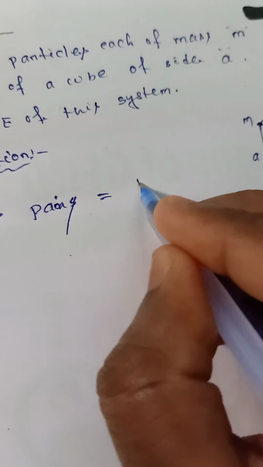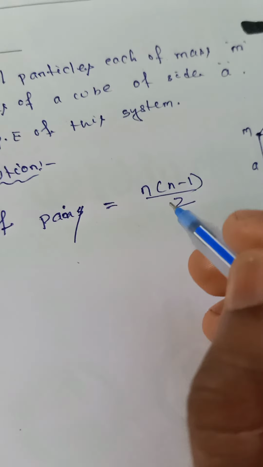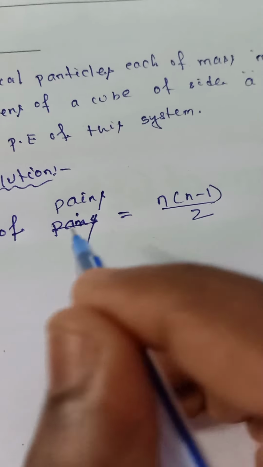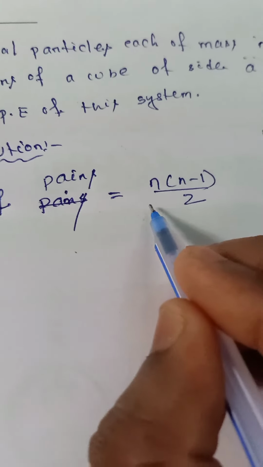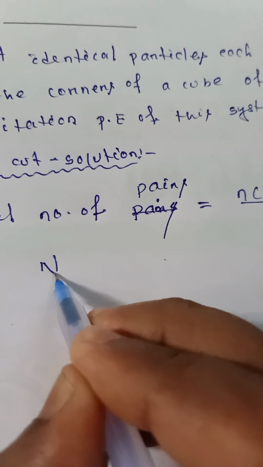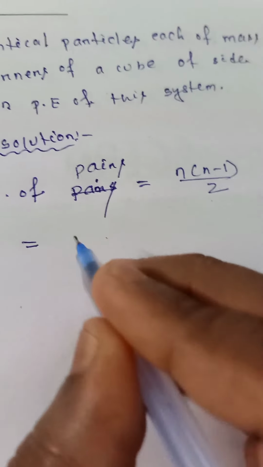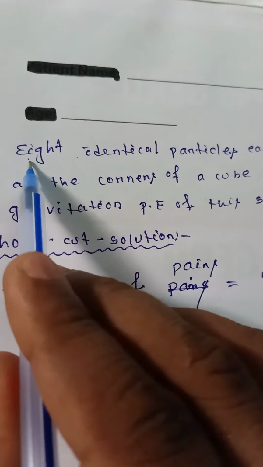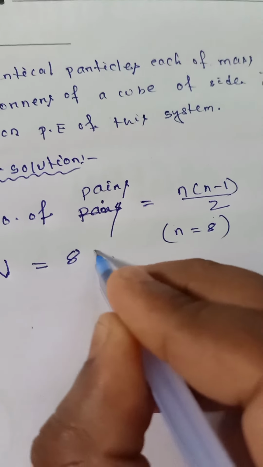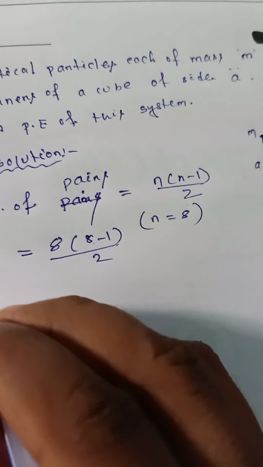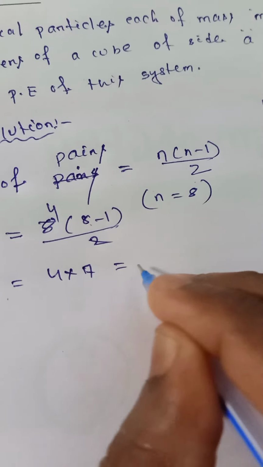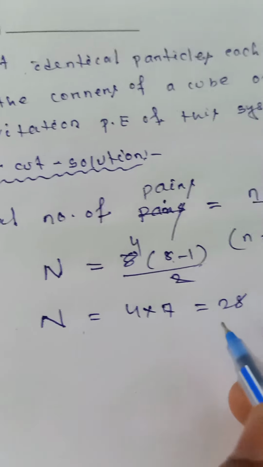The formula for the total number of pairs is n(n minus 1)/2. Taking the total number of pairs as capital N, with 8 identical particles, small n equals 8. So N equals 8 times (8 minus 1) divided by 2, which is 4 times 7, equal to 28. So the total number of pairs is 28.